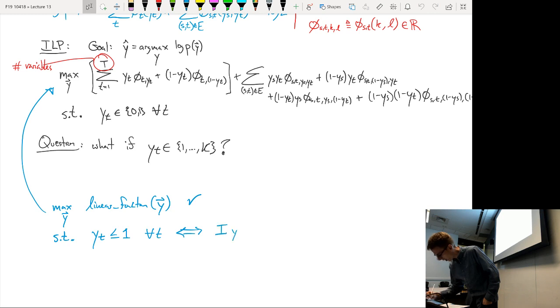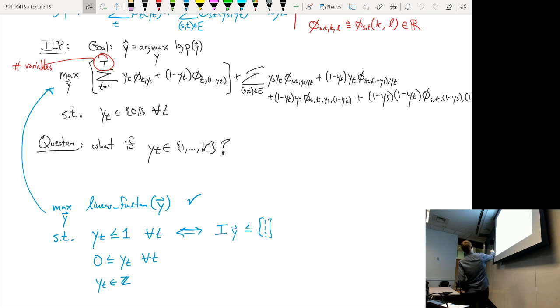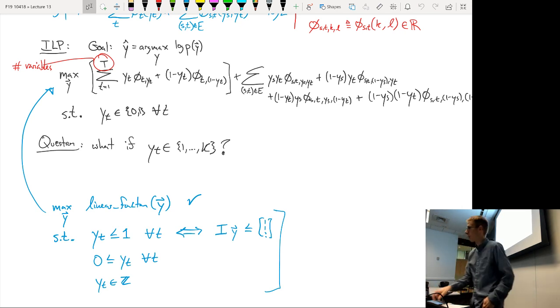And lastly, we already usually have the constraint that each yt is greater than or equal to 0. And then the last constraint is just that yt comes from the set of integers. So this is exactly equivalent to our original constraint set. But now it's in standard form.